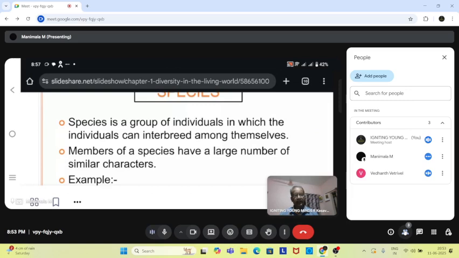I suggest Vedant, you put this feedback in the group so that other students also come to know. Whatever you feel, you put in the group. Definitely, sir. I will do it from today. Thank you, Vedant. Thank you, madam. Thank you, sir. We'll meet again. Okay, Vedant.